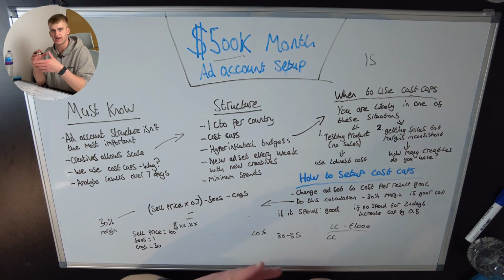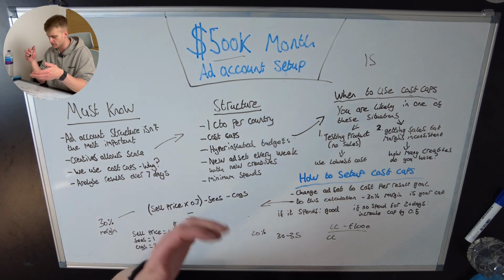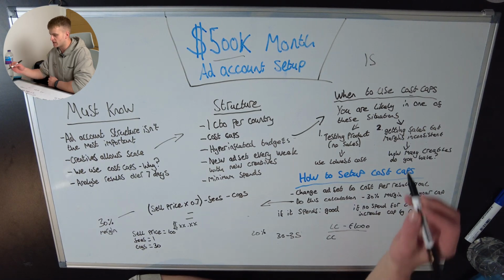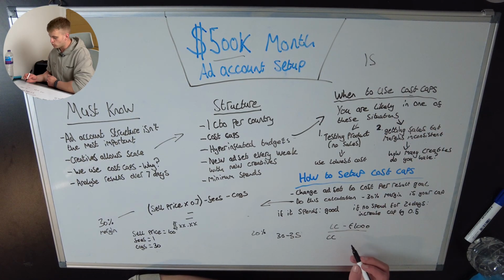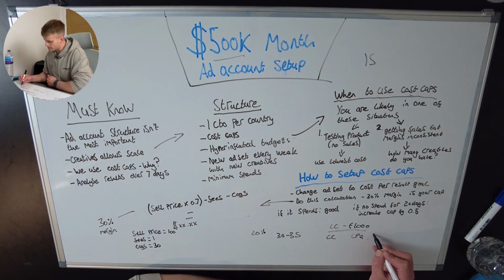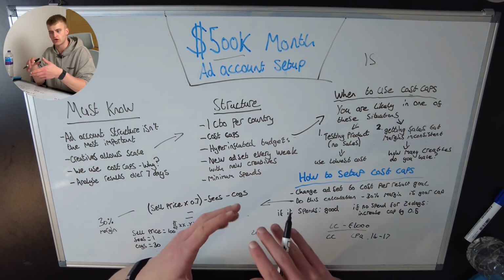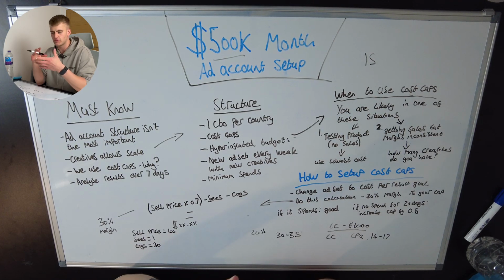So on a day that it expects to get more conversions, it's going to spend more of your budget. Say you had that £1,000 budget and you had the cap of 15, it will hover around a CPA of between maybe 14 to 17 over a 7-day period, but the amount that you actually spend on your account is going to be varied essentially.